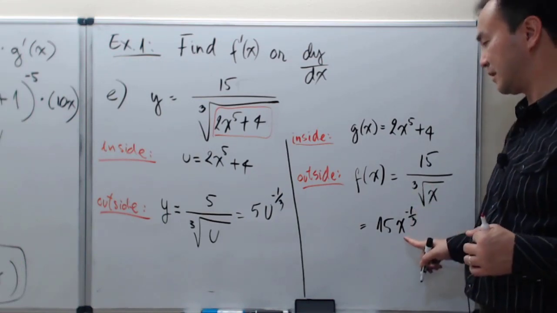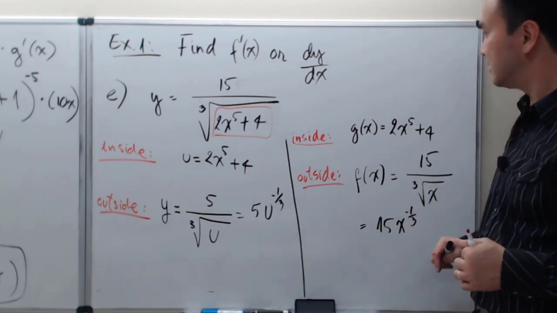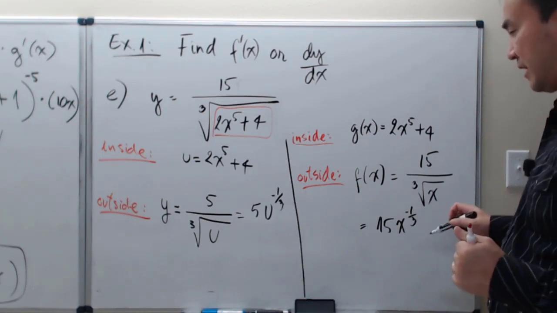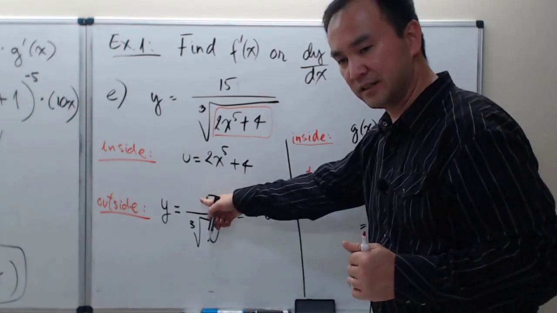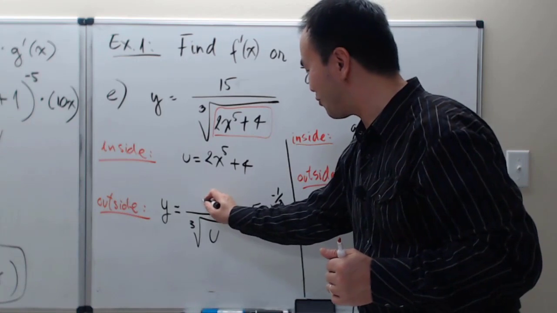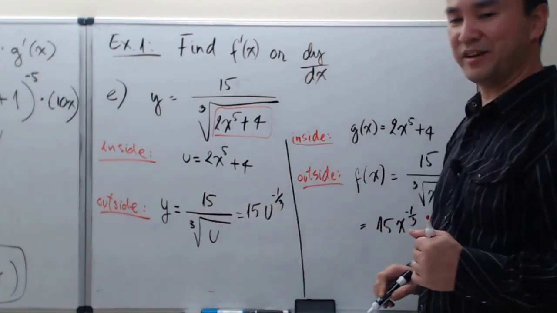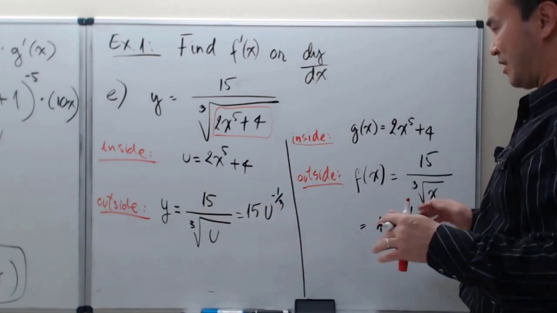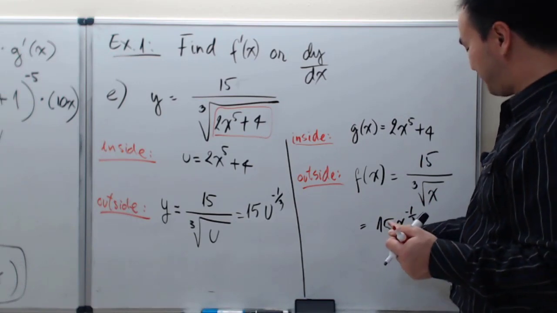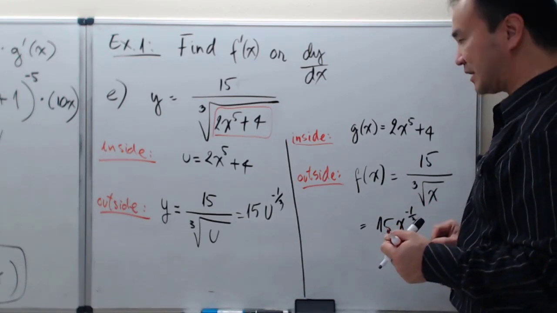Okay, and I have to correct myself a little bit, in the earlier style I don't know why I skipped that one, but it needs to be 15 right here. But anyway, now we're on the same page. So 15 times x to the negative 1/3 right here.